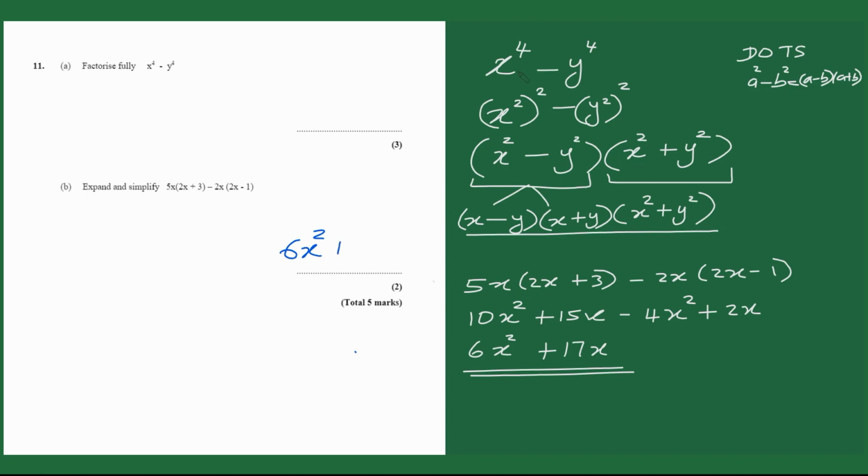So that is our final answer. Let me quickly copy that in the answer space: 6x squared plus 17x, and the answer for the first part is x minus y, x plus y, and x squared plus y squared.